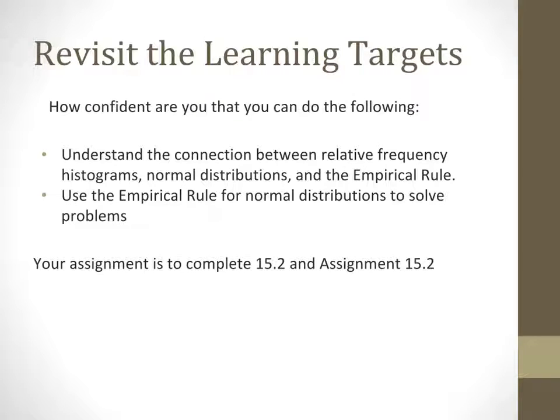That concludes all the examples that we are going to be doing in this video. So let's revisit our learning targets. At this point, you should be confident that you know the connection between relative frequency, histograms, normal distributions, and the empirical rule. Mostly what that's talking about is that all of the data that you get your relative frequencies and your histograms from are located under our little normal distribution curves.